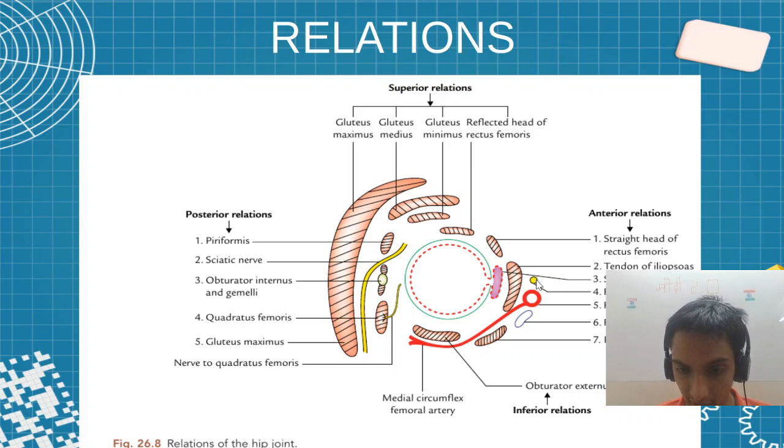From the femoral artery there is a branch, the medial circumflex femoral, that is in the inferior, along with obturator externus and pectineus muscle. Posterior, if we see, we have the piriformis, sciatic nerve, the gemelli with the obturator internus, quadratus femoris and the nerve supply too. And also some part of the gluteus maximus will be there.